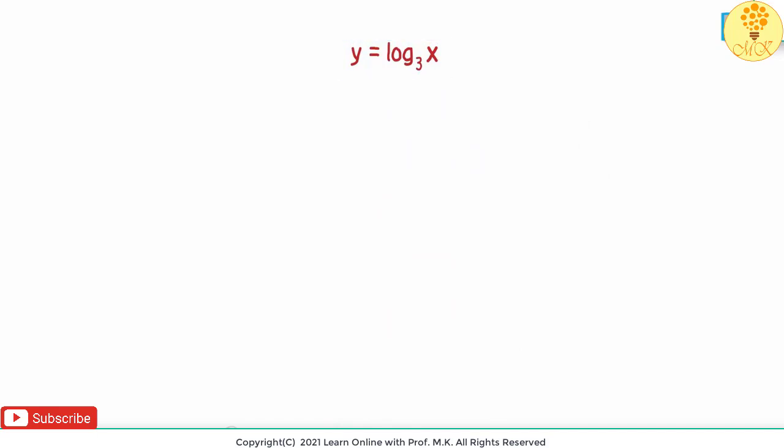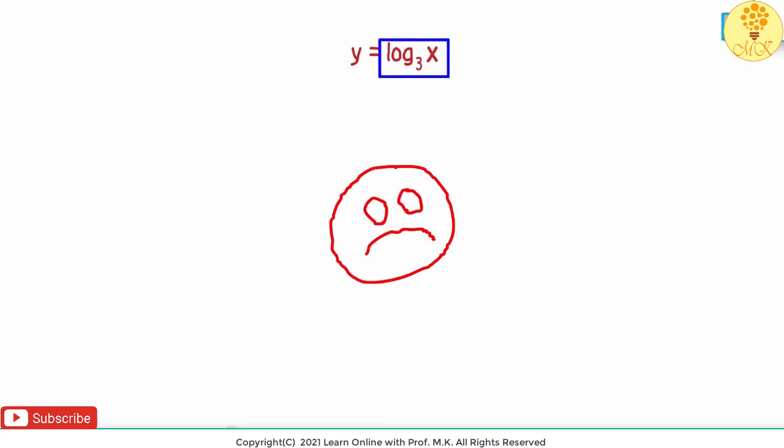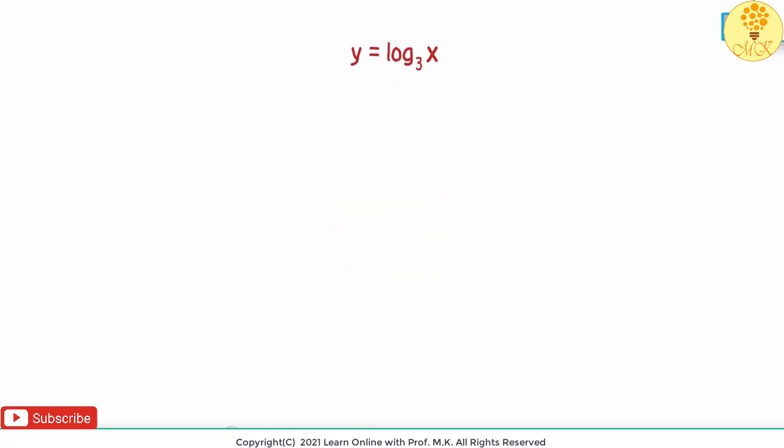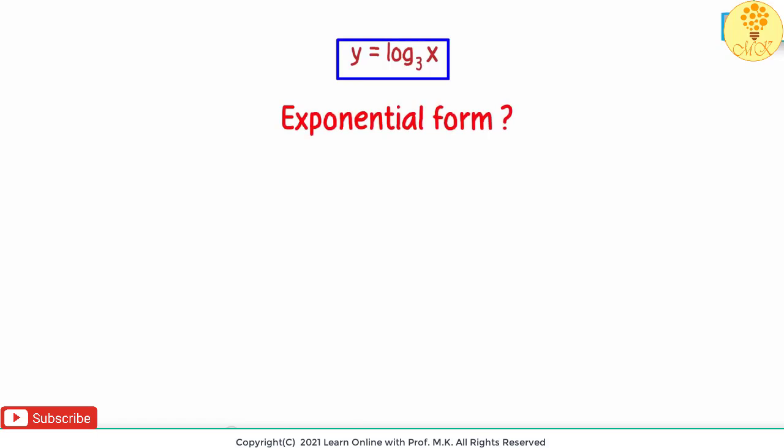Now one way to plot the graph is by finding out the different values of y for different values of the input x. Should we go ahead then? Note that finding log to the base 3 of a number is a bit tedious, even with a calculator. Can you think of an innovative way to plot the graph of this function? As we are more comfortable with the exponential form, how about we try writing this function as an exponential one?